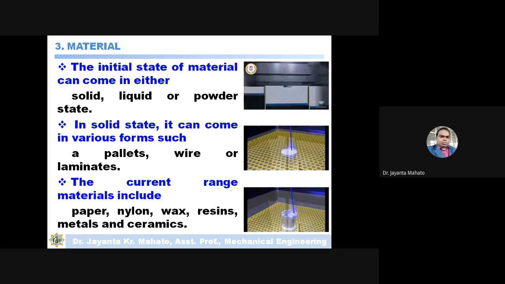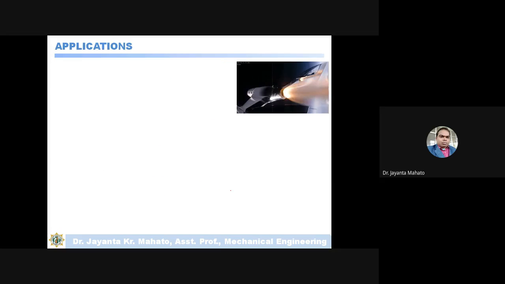Okay, so the applications of this manufacturing process.